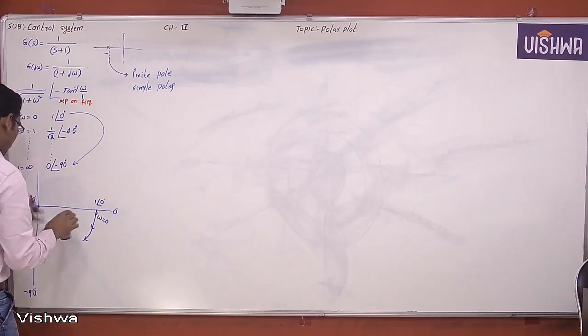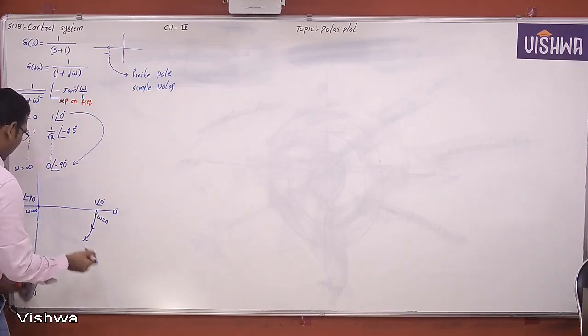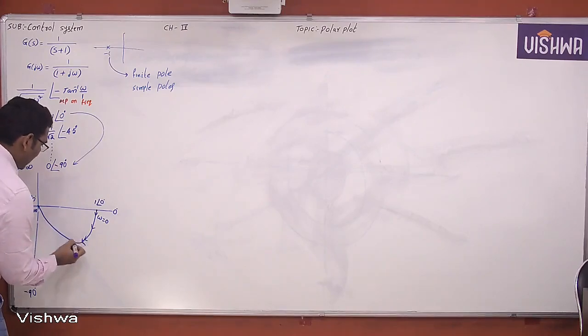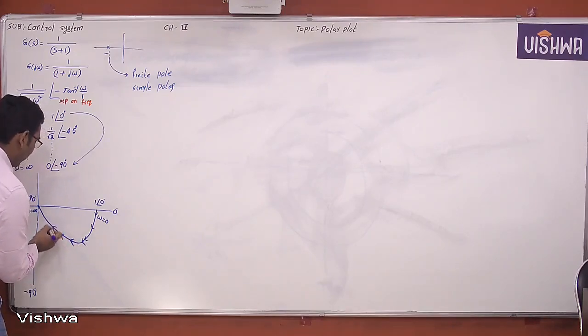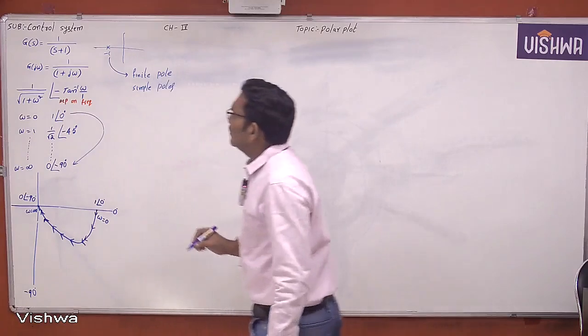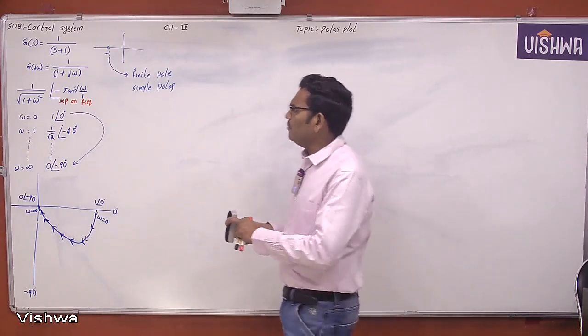Now this is the procedure of drawing any polar plot. But without direction, there is no meaning of the polar plot. First, you must draw the direction of the polar plot. Now, this is the polar plot of one simple pole.